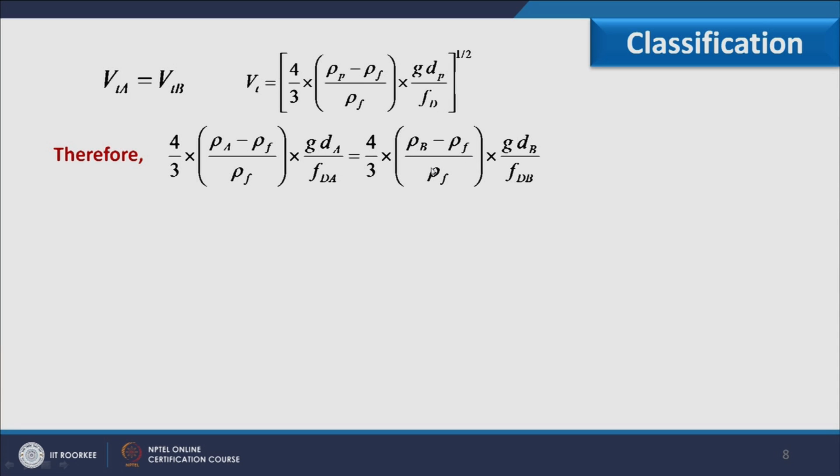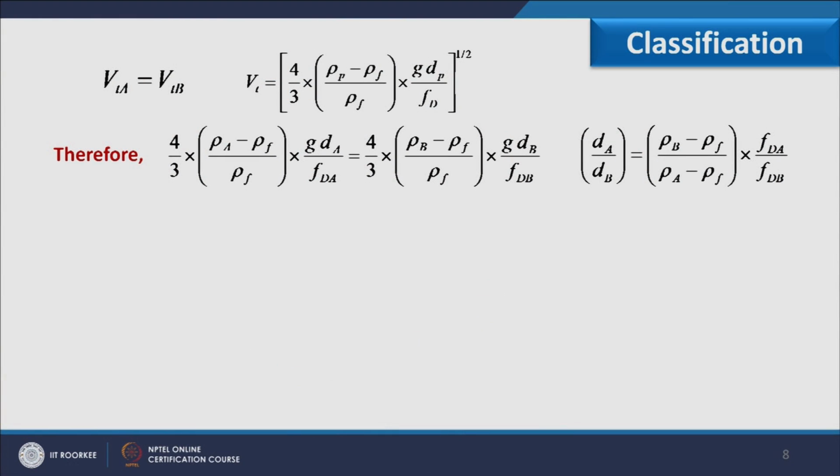So, in this part we have taken density of solid as rho B and diameter dB and drag coefficient FdB. While equating these two and resolving it, we can have dA over dB as (rho B minus rho F) divided by (rho A minus rho F) into FdA by FdB.